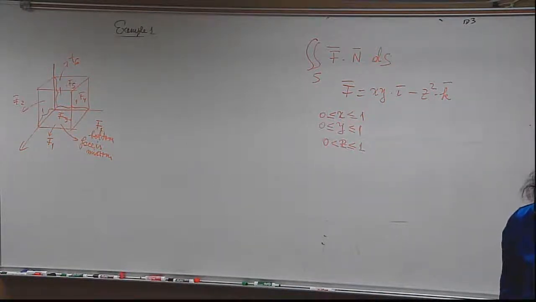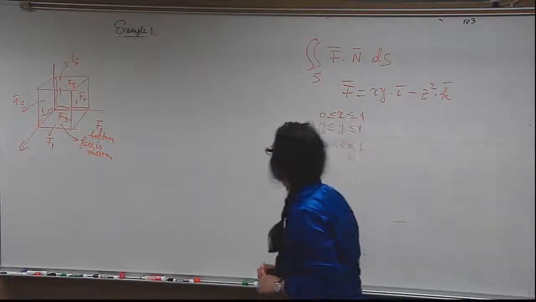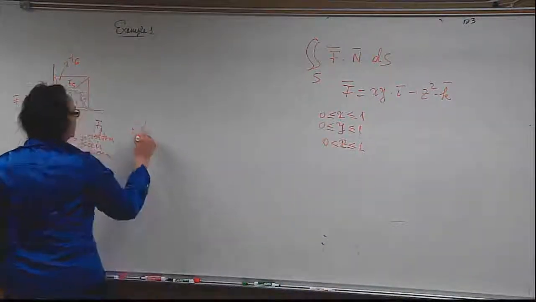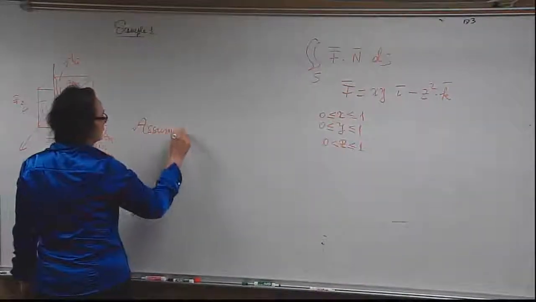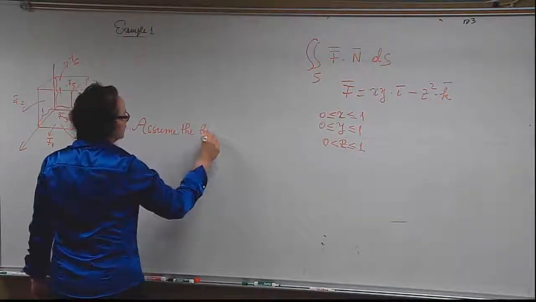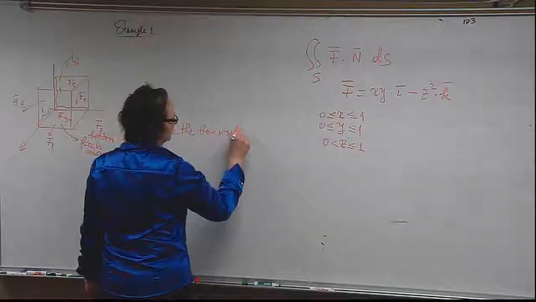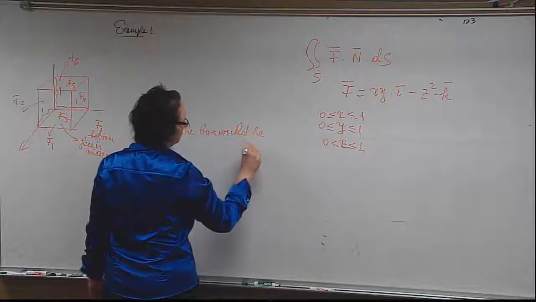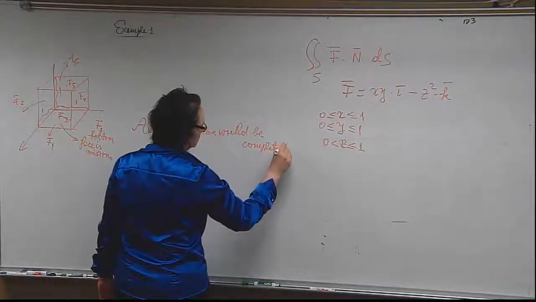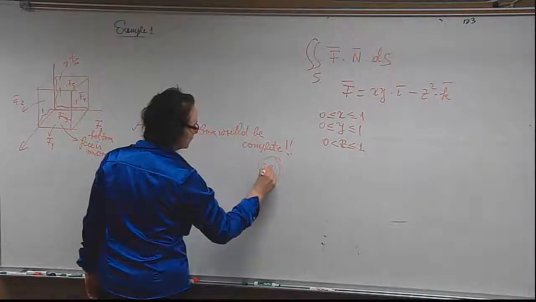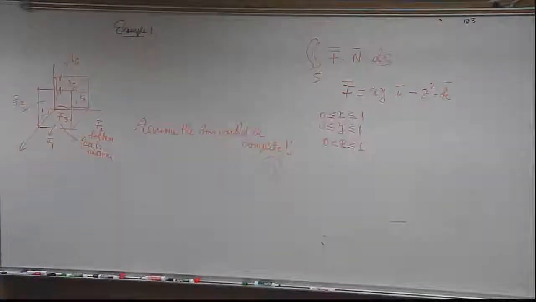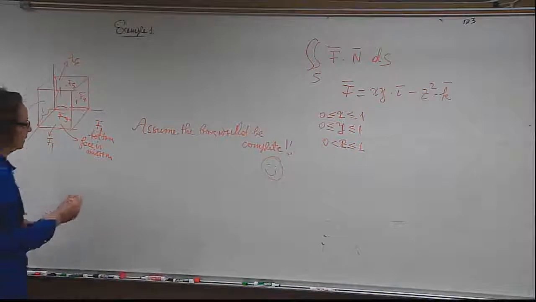So let's compute the whole thing. Now assume the box were complete. If the box were complete, then I would have the following.